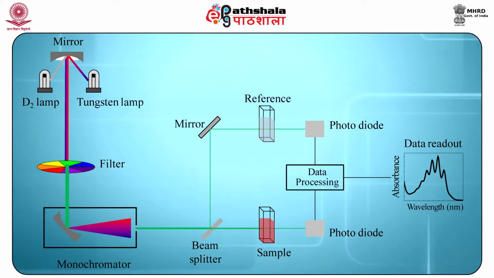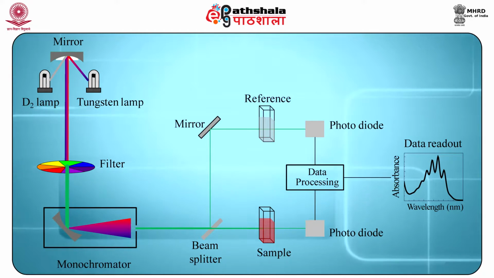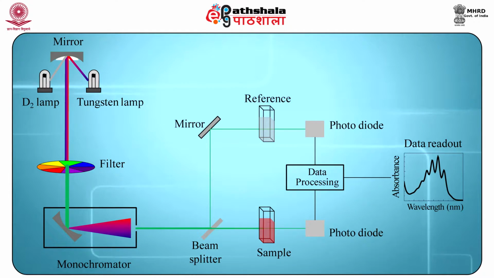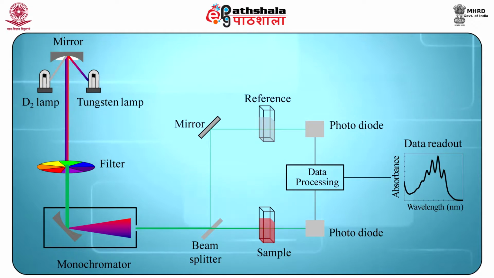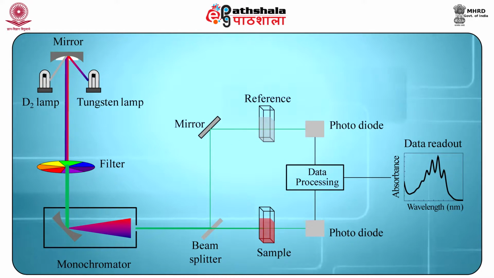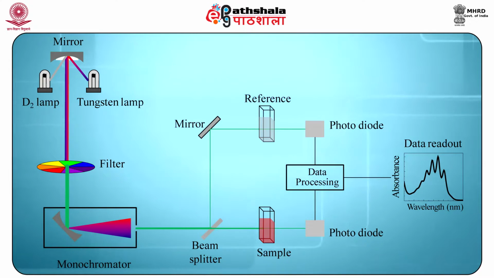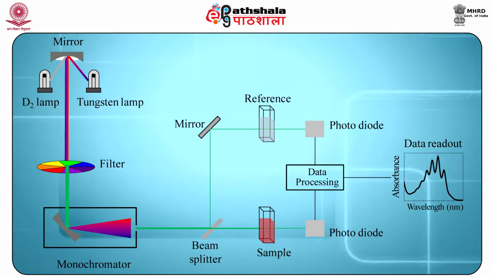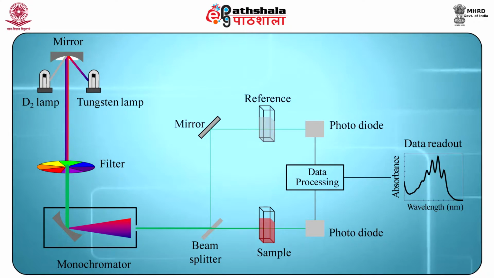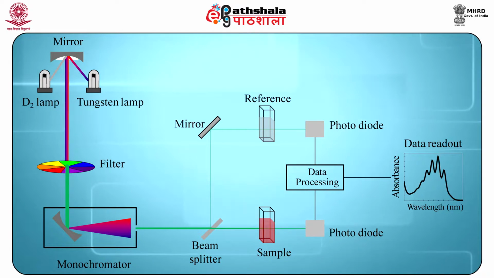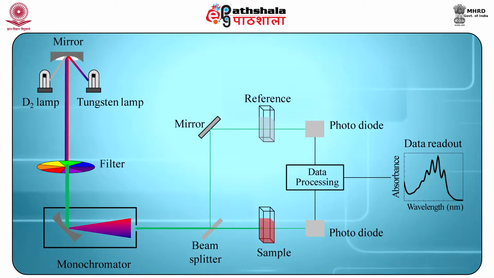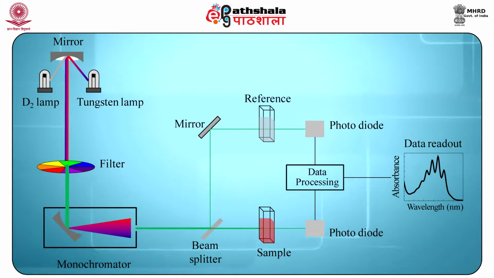The typical UV visible spectrometer consists of a light source, a monochromator, and a detector. The spectrometer usually employs a hydrogen discharge lamp as a source of light in the UV region of 200 to 400 nanometers, while a tungsten filament lamp is used for the visible region from 400 to 800 nanometers of the electromagnetic radiations.